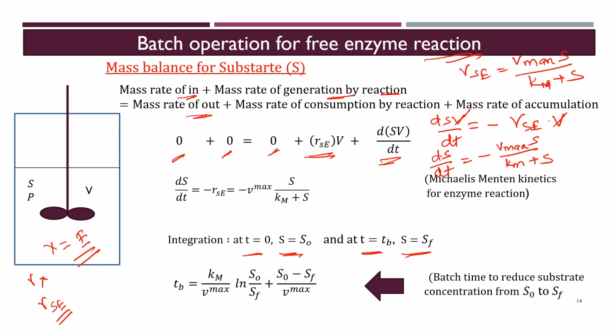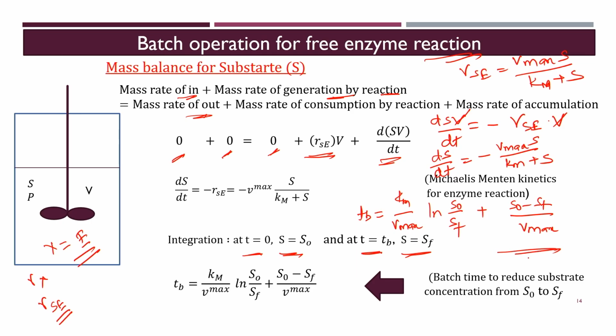If you integrate it, we will get TB as Km upon V max ln S naught upon SF plus S naught minus SF divided by V max.